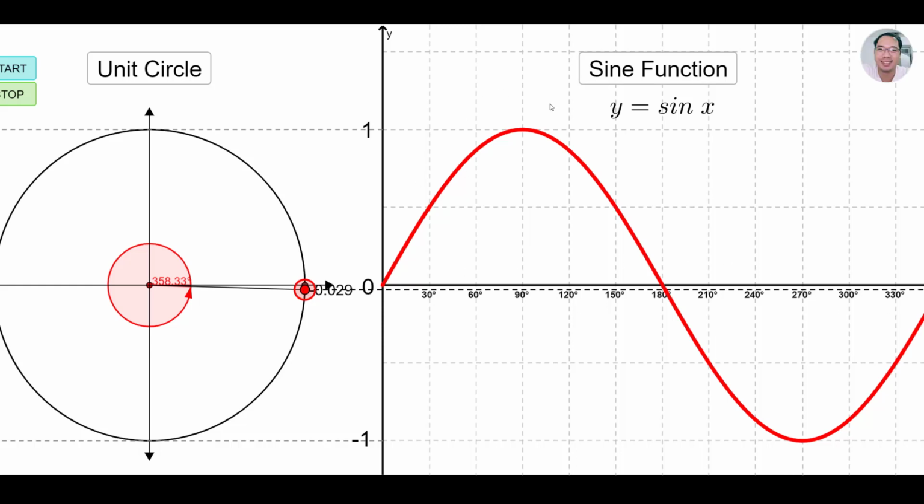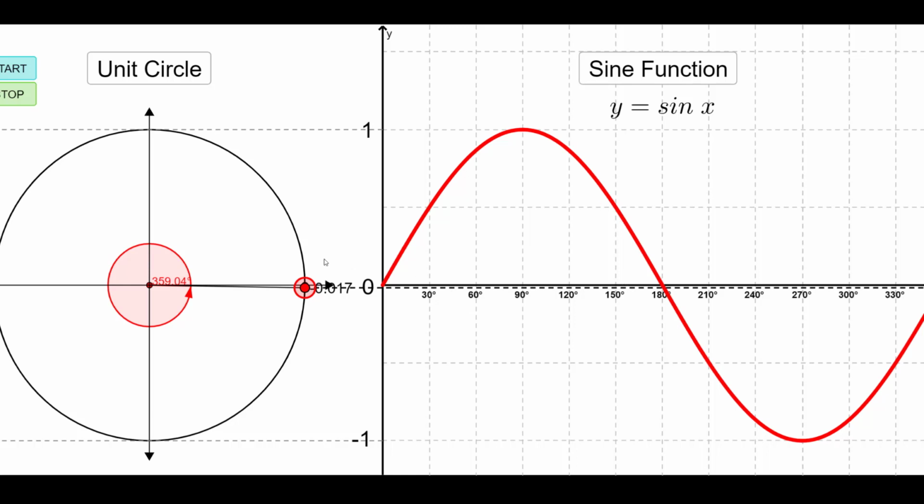So this is the graph of the sine function, starting from 0, increasing to the maximum at the value of 90 degrees, and then decreasing to the minimum value, which is -1, at the angle of 270 degrees, and finally becoming 0 when the angle returns to 360 degrees, which is one round of the circle.